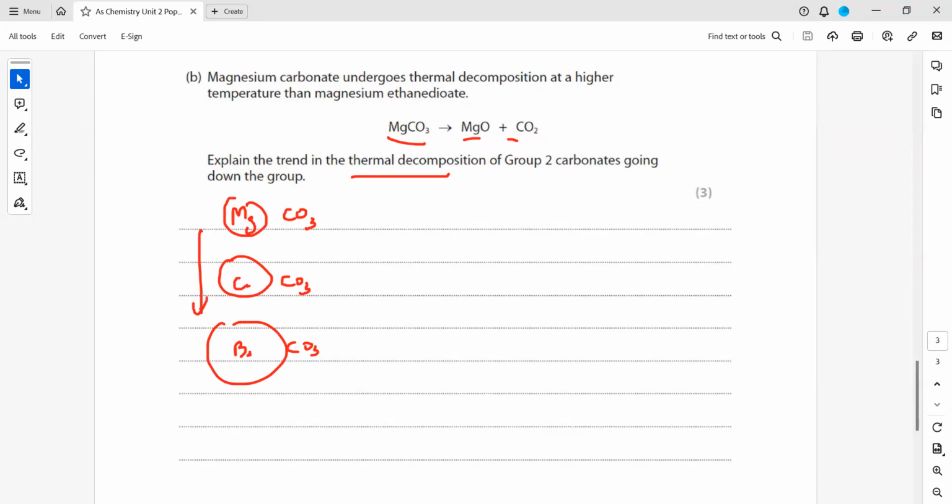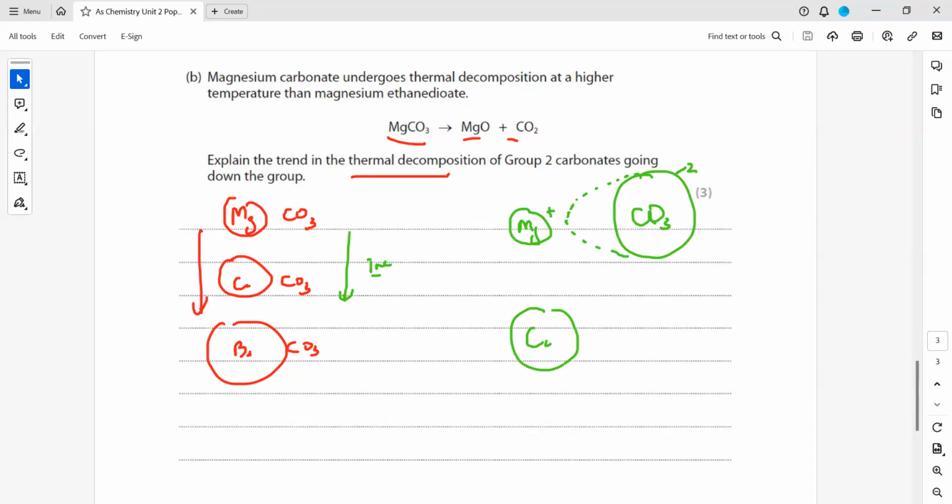The thermal decomposition temperature increases as we go down the group. Why does it increase? It becomes more stable as we go down the group. Because when we have a positive ion which is smaller, it causes a greater distortion to the negative ion. The carbonate ion distortion will be more.